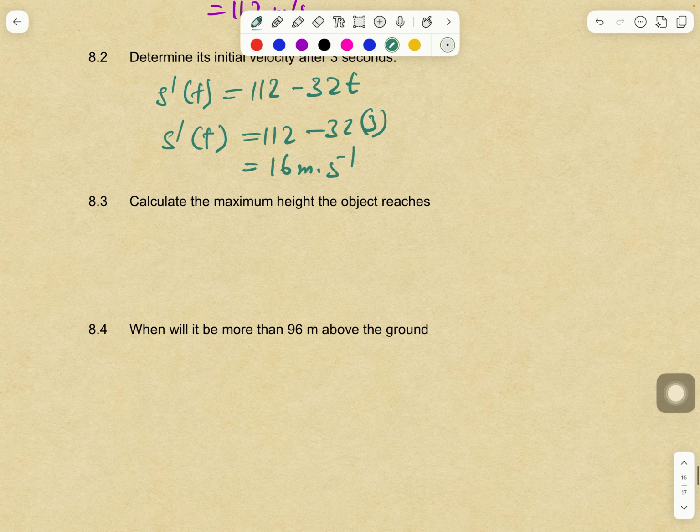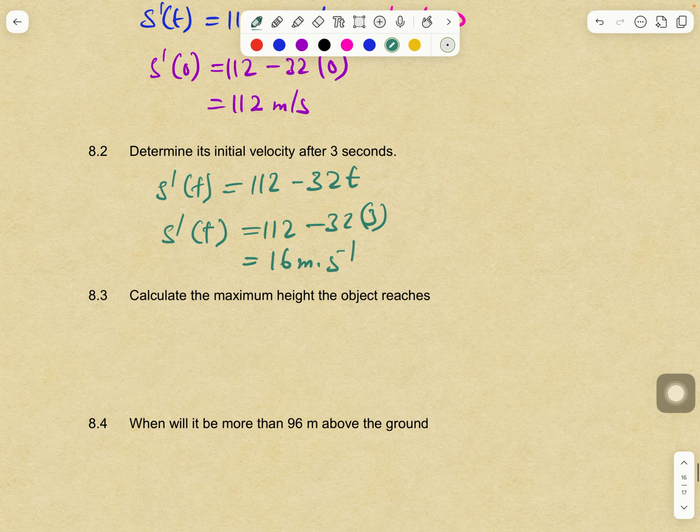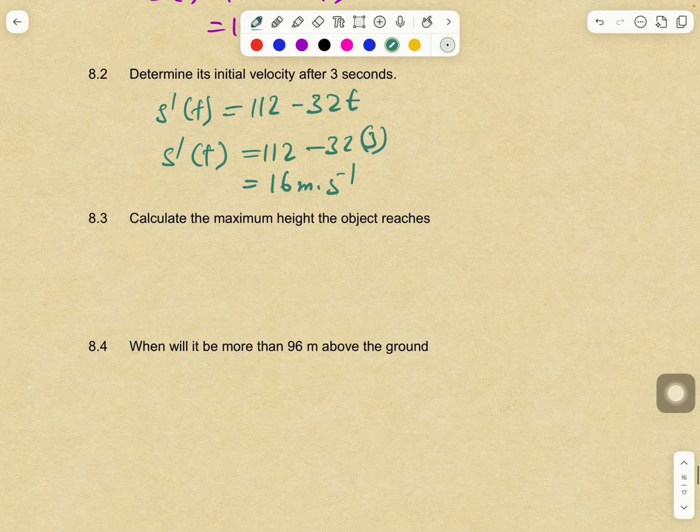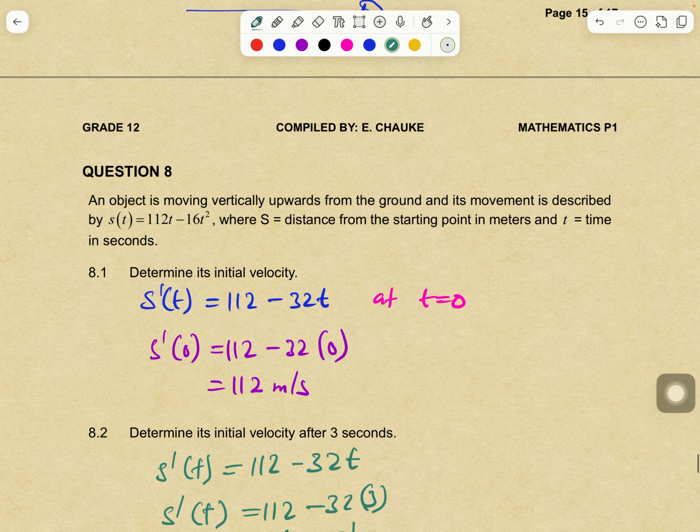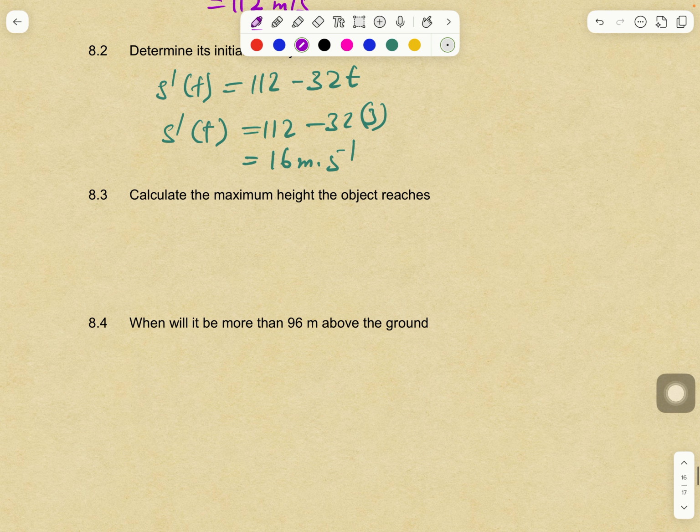Now, they say calculate the maximum. It's a matter of using the calculator. Okay. Carefully calculate the maximum height the object reaches. So you have the object, and they want you to find the maximum height of this. The maximum height happens when the first derivative with respect to t is 0.